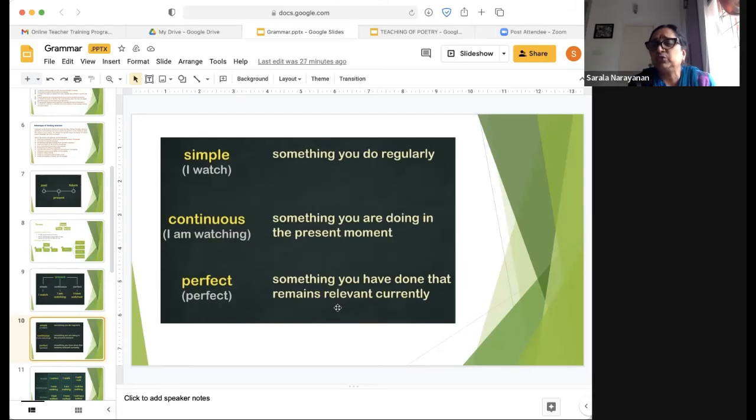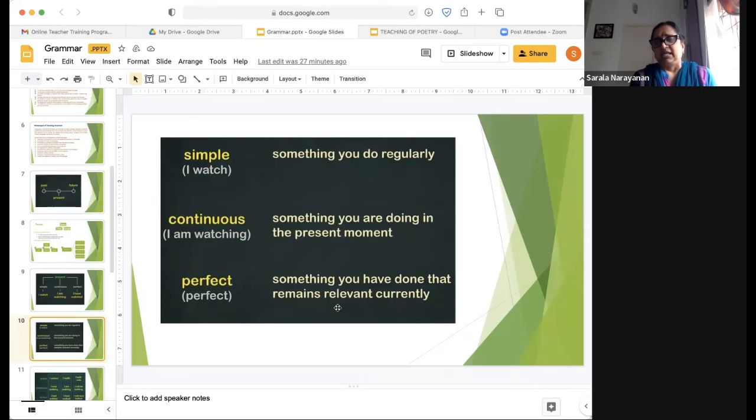Even though has and have are present tense, I can say I have a pen, which is simple present. She has four bags. I can use this verb separately as simple present.